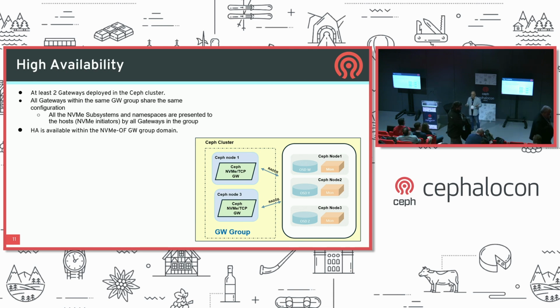For example, if you have some reason to divide the resources between different Ceph users, you can say these users can use this gateway group, other users can use that gateway group. If you want to run more gateways on a Ceph cluster, that's another reason that you might want to use gateway groups. So that's about gateway groups.